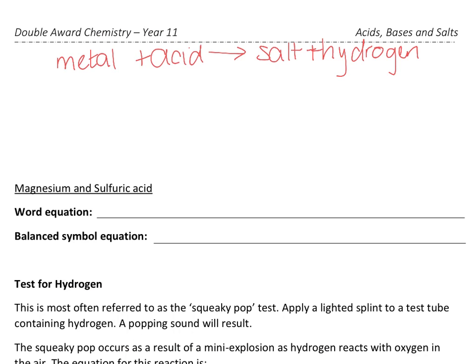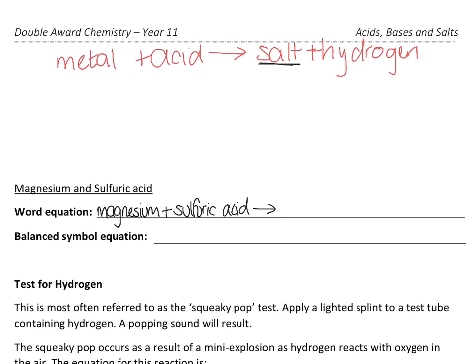So hopefully you've had a go at writing that equation for magnesium and sulfuric acid. I've written again the general equation at the top, and that's something you should always keep in mind. So it should start with simply the two things that we're reacting together, and that's magnesium plus sulfuric acid react to give us, well, the first thing is a salt, but we need to name our salt.